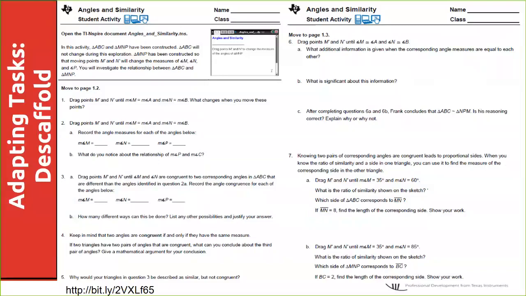So that's what we're going for here. As you're taking a look at this, think about, is there something that's repetitive? Is there something that's stepped out? You could change it in a way that still meets those goals of understanding and applying the angle-angle similarity theorem.